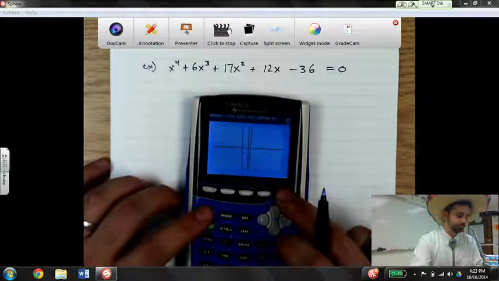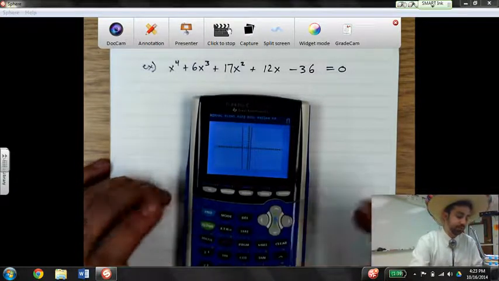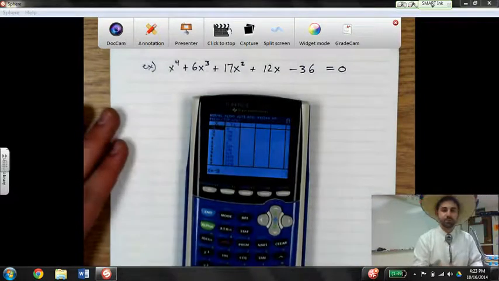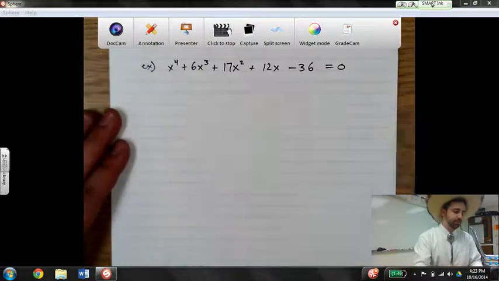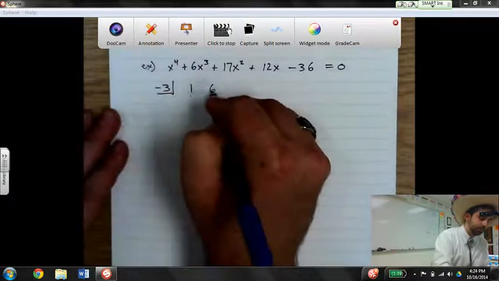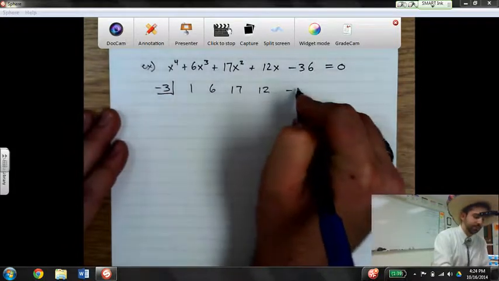I would recommend going to the table first instead of waiting on it to graph. So from here we see that negative 3, 0, is a root.